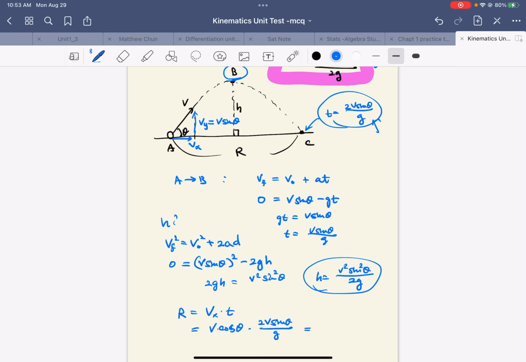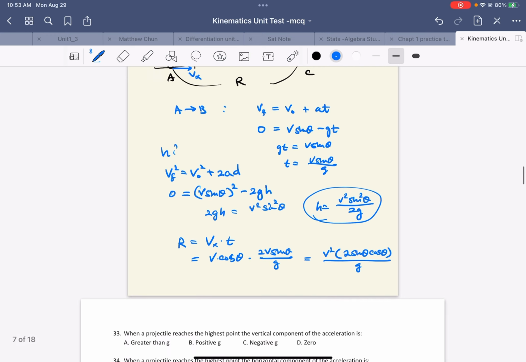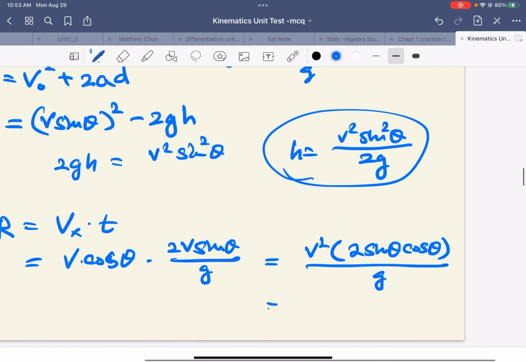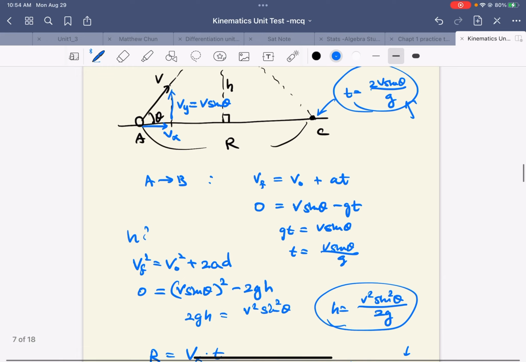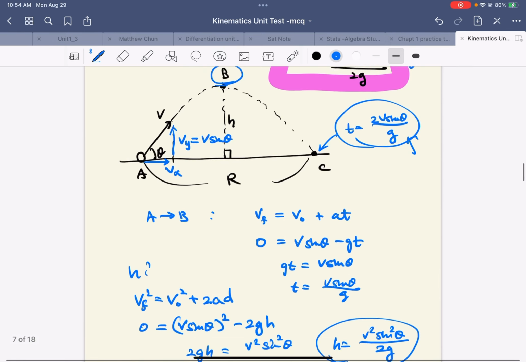So you end up with v squared, and I'm going to reorder this, 2 sine theta cosine theta over g. If you remember in trigonometry, this is the double angle formula for sine. So v squared sine 2 theta over g. That's how I derive your range, right here.